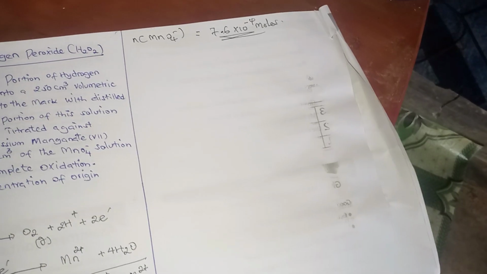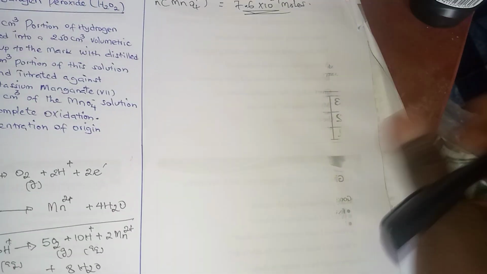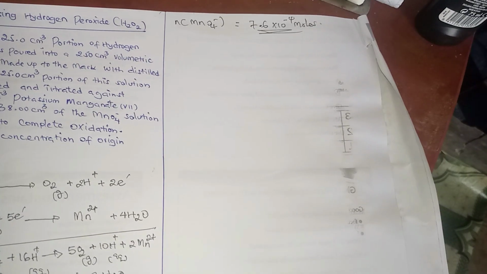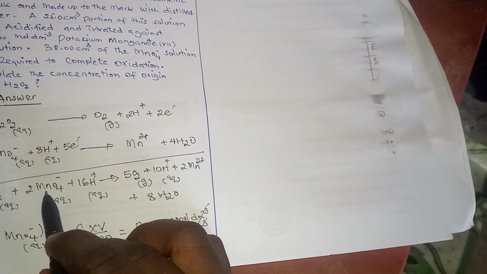Now we are going to determine the number of moles of hydrogen peroxide. From the overall equation, you see that 5 moles of hydrogen peroxide react with 2 moles of manganate.